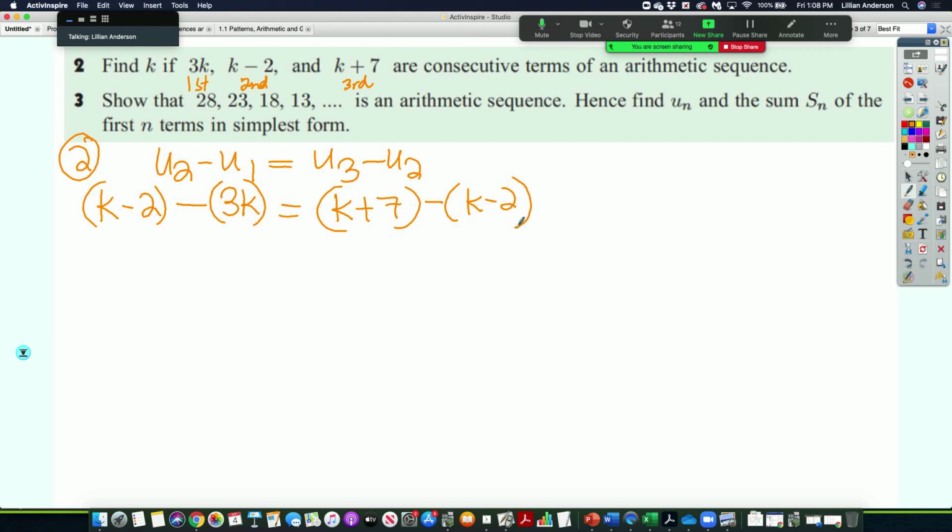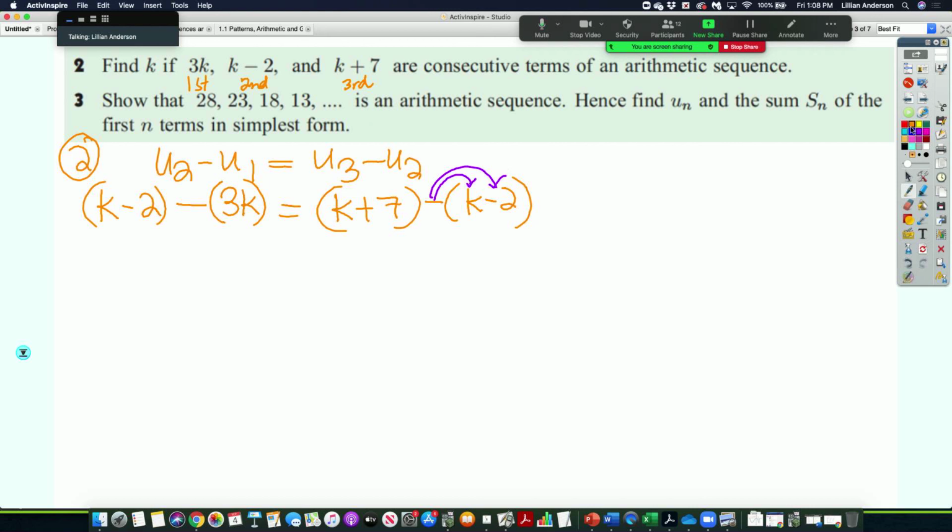On the right side of that equation, that minus k minus 2, what am I going to have to do with that minus? I'm going to have to distribute it over.